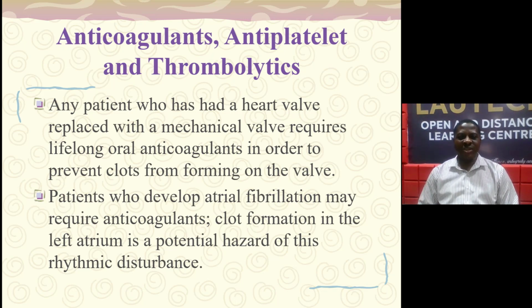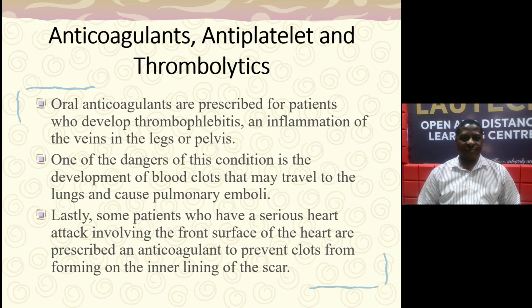Clot formation in the left atrium is a potential hazard of this rhythmic disturbance. Still on anticoagulants, antiplatelet, and thrombolytics, oral anticoagulants are prescribed for patients who develop thrombophlebitis, an inflammation of the veins in the legs or pelvis. So that's another use of anticoagulants. One of the dangers of this condition is the development of a blood clot that may travel to the lungs and cause pulmonary embolism.